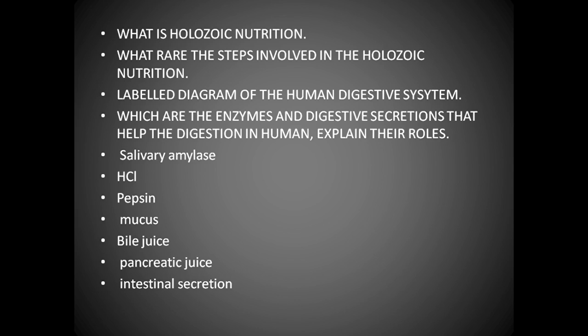Mucus, protects the lining of the stomach from the action of HCl. Bile juice, provides alkaline medium for pancreatic secretion, and it also helps in emulsification of fat. Then pancreatic juice, we have 3 main things: lipase, trypsin and amylase enzyme, for complete digestion of carbohydrate, protein and fats.